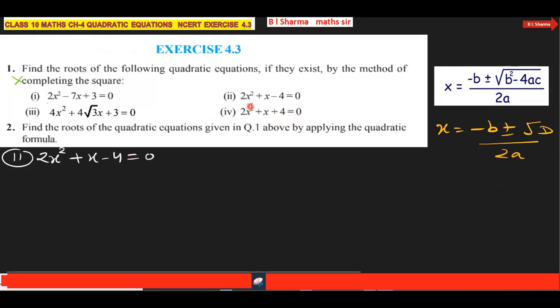Second part, it is 2x square plus 1x minus 4 is equal to 0.